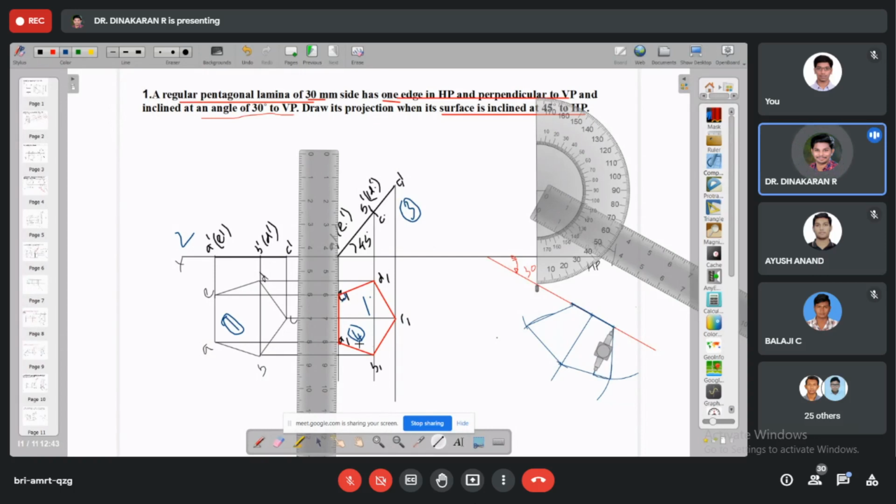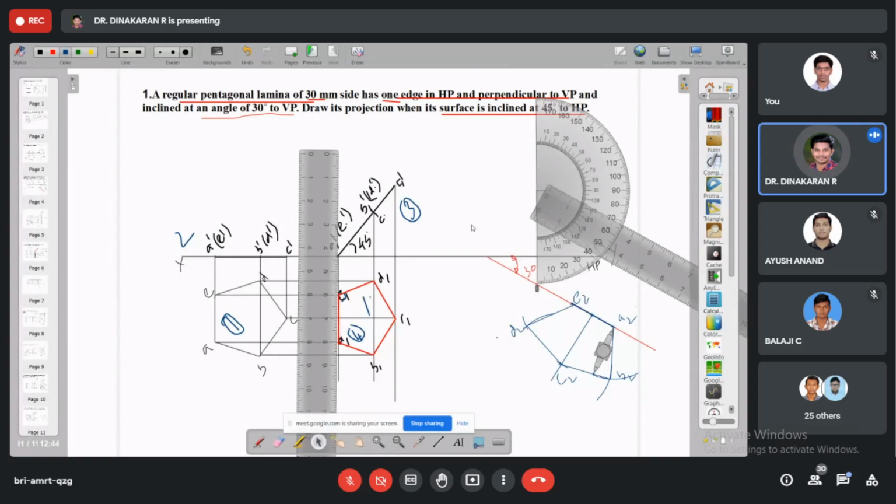I am drawing with a higher dimension because my compass minimum is 2.2; your compass will come lesser. Then finally mark the points E2, A2, B2, C2, D2. Then finally, same procedure.